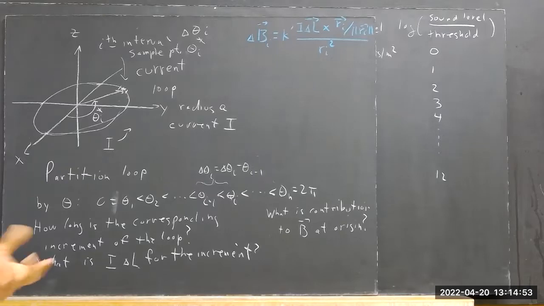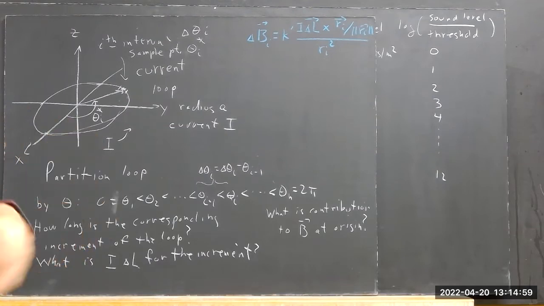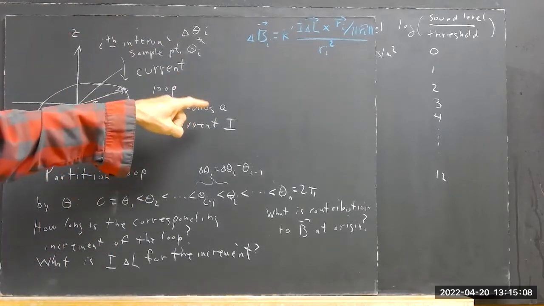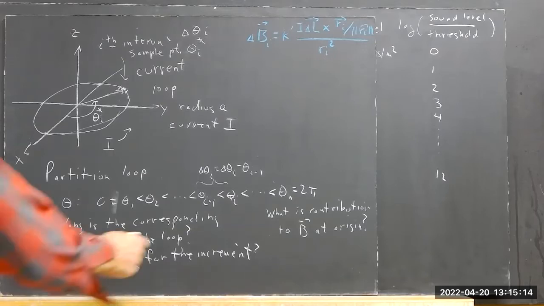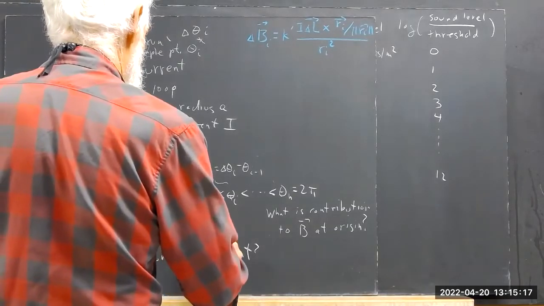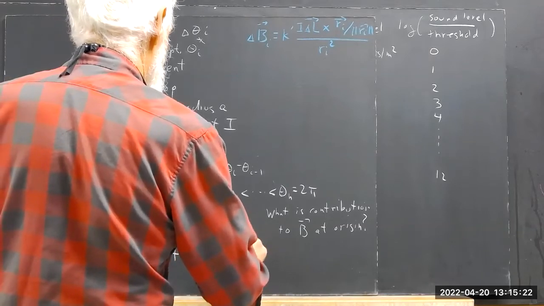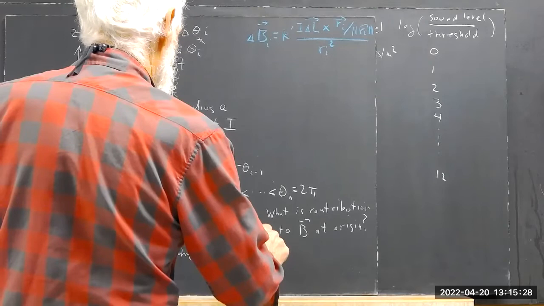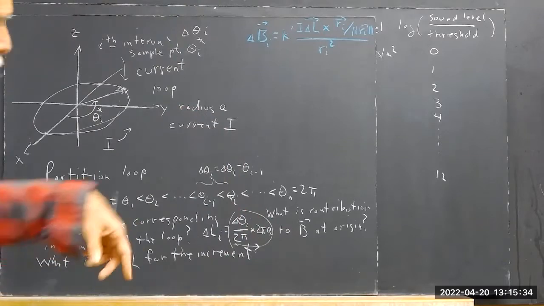Now, the whole thing is we're trying to get to the fact that I would almost hope would be kind of obvious to you in the future, that the delta L here is delta theta sub i over 2 pi times 2 pi a.